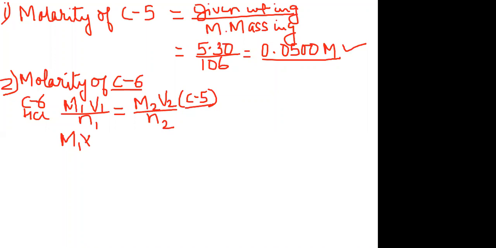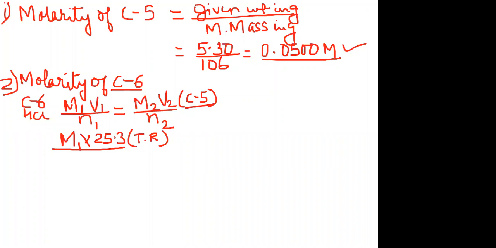In the case of HCl, the reading that we got was 25.3, let us say. So I will write 25.3. This is the titer reading, and this is to be divided by N1. N1 and N2 stand for the number of moles of the reactants that have been used in the reaction.